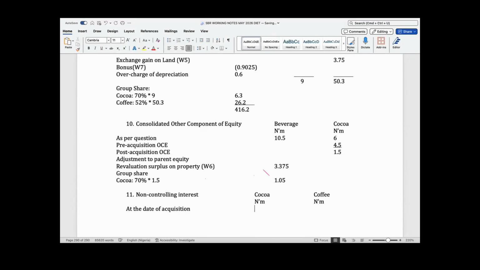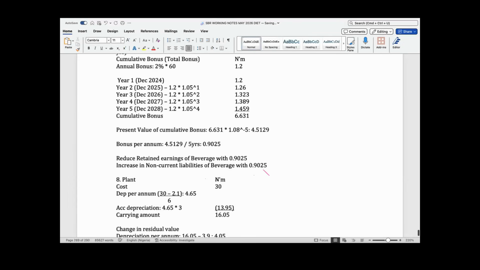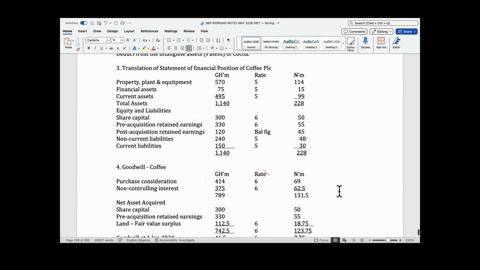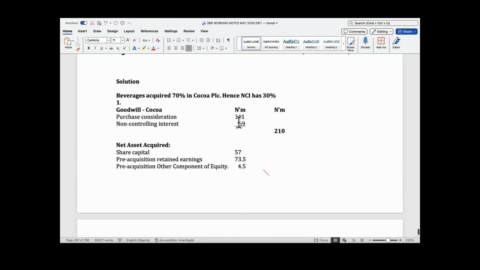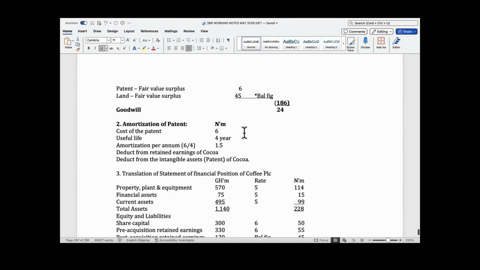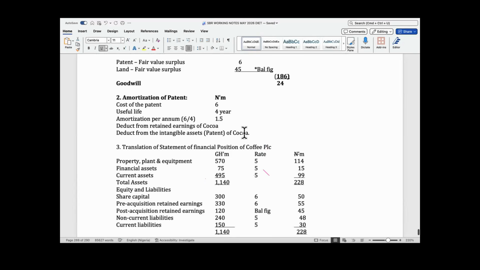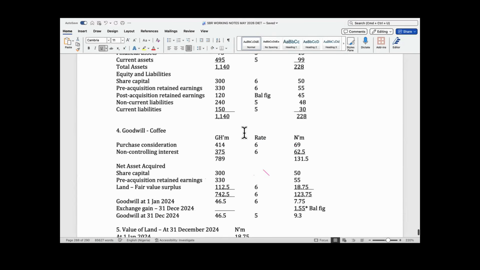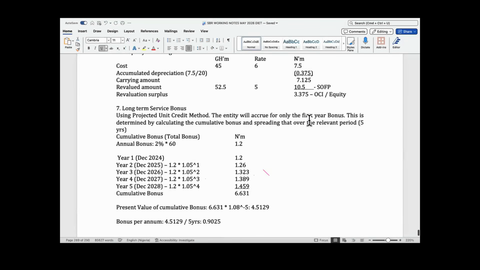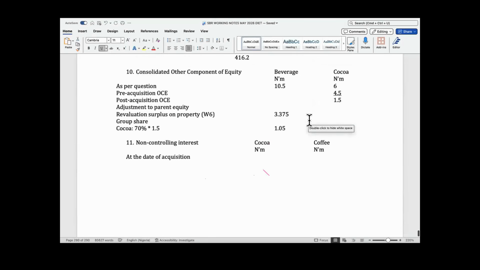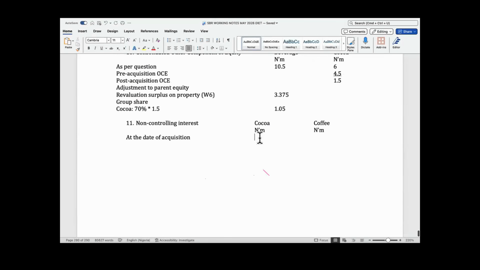At the date of acquisition, I can get all that from my goodwill calculation. In cocoa, NCI was 69. In coffee, NCI was 62.5. So 69 and 62.5.